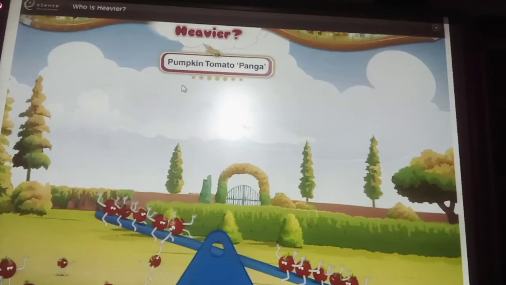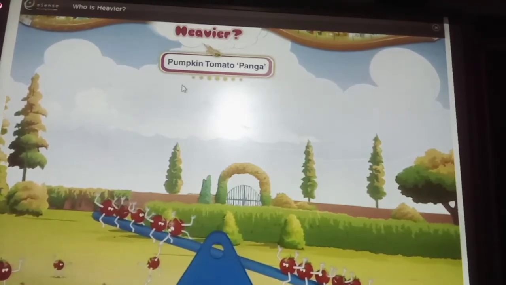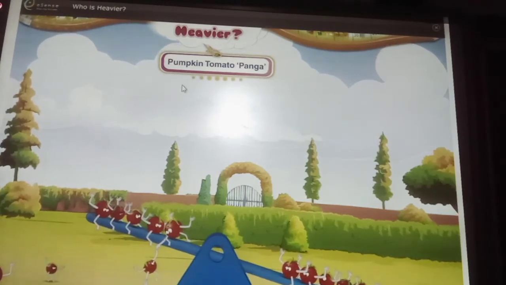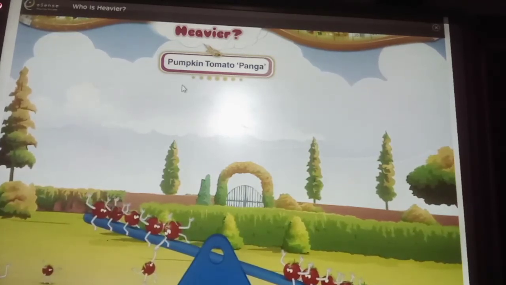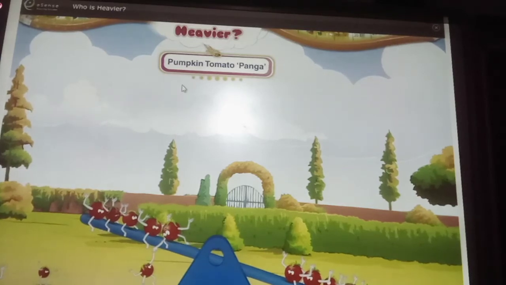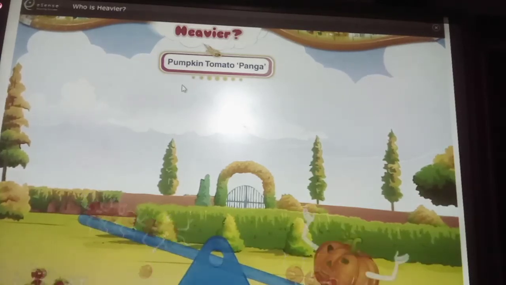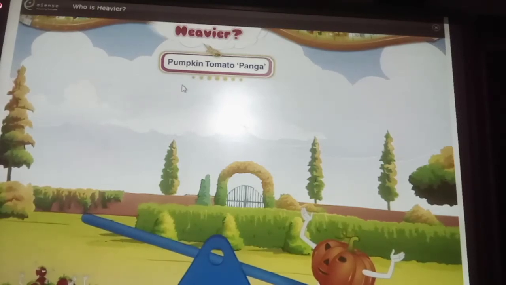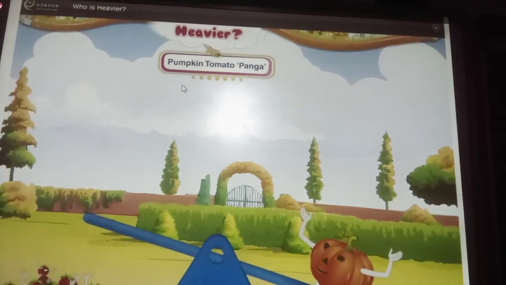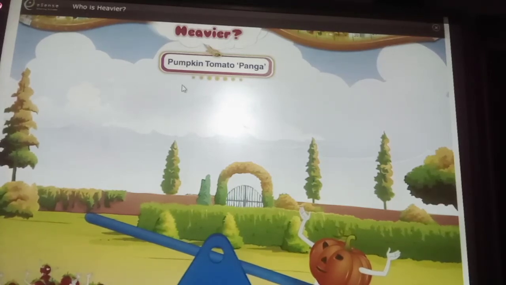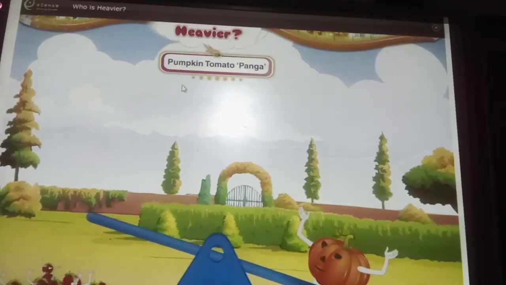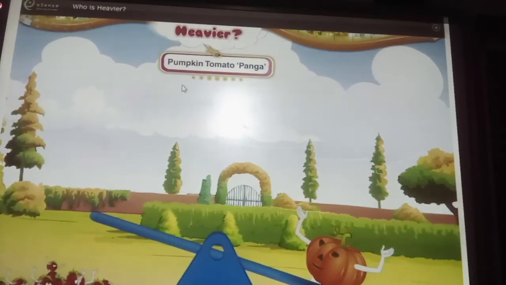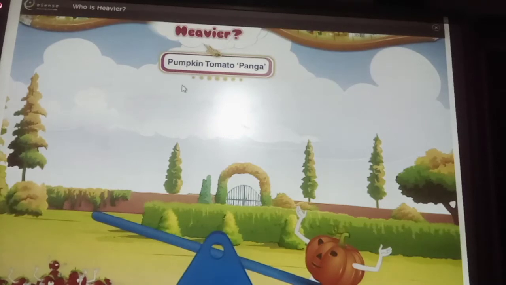Pumpkin, tomato, pumpkin. This is the playground where the tomatoes come to play every day. They love to play on the seesaw. One day, a big pumpkin comes to the playground and sits on one side of the seesaw. When he does not get up for a long time, the tomatoes decide to sit on the other side and lift the pumpkin up so that he falls off.